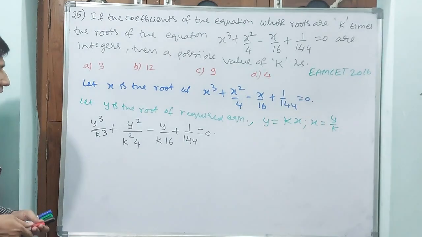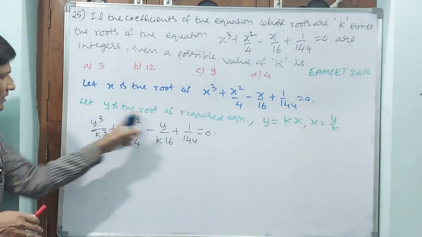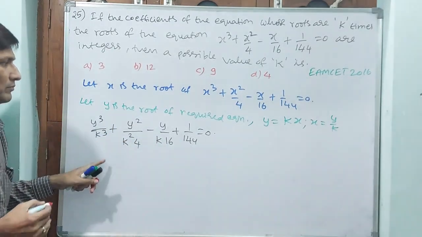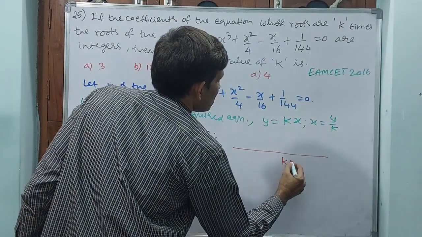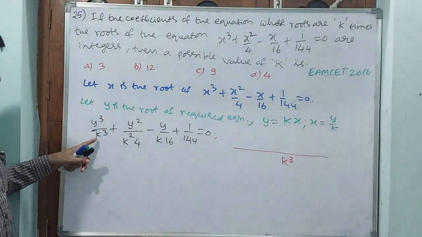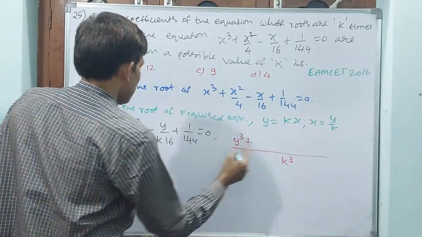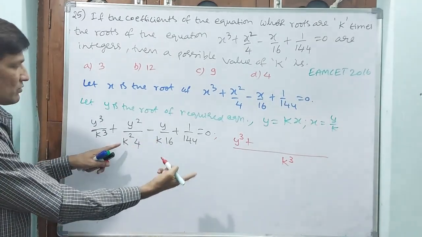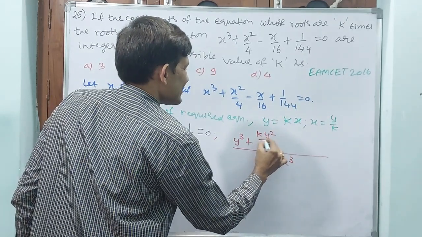Now you see what we do here. I want to take all numerators only. That means I am taking k cube as the LCM. You see what will happen? Only y cube will come here. Plus, if k cube is the LCM, k times it goes, that means k y square by 4.